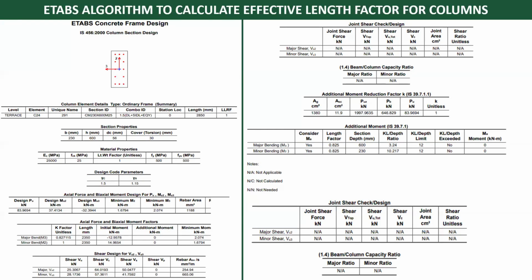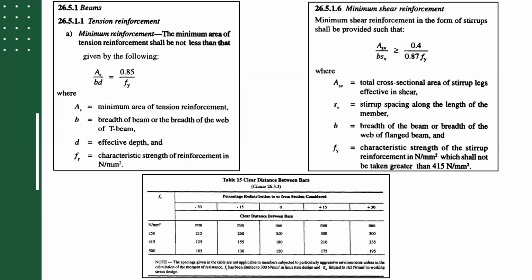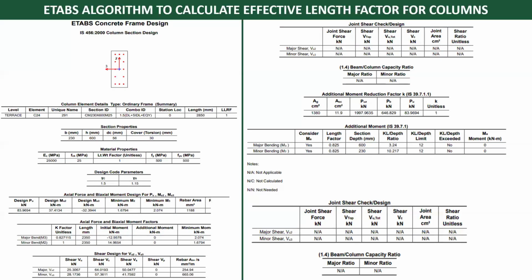Thereafter, my dear friend, we will let you know whether the software is properly calculating the reinforcement or not. Minimum reinforcement for column, maximum reinforcement for column, and spacing criteria. All that codal recommendation we are going to see in Etabs software, whether your Etabs software is properly following your code or not, whether the software is doing it right or wrong. If there is a problem, then we try to correct that problem.